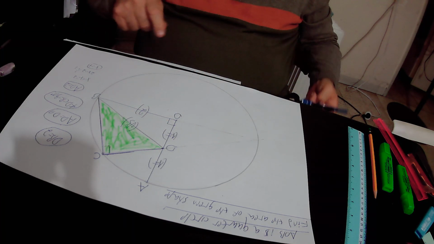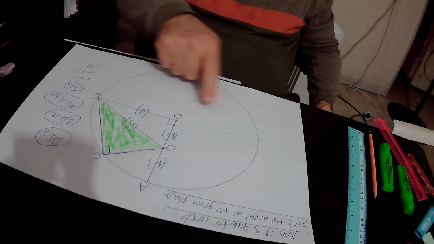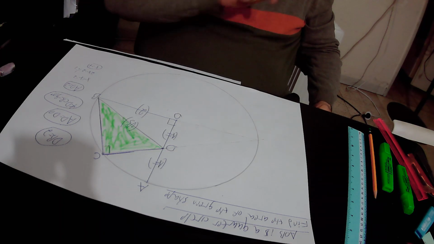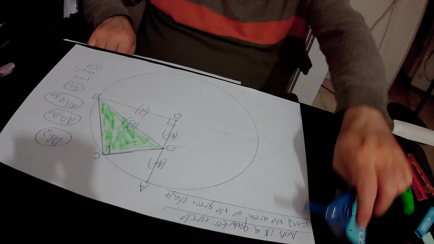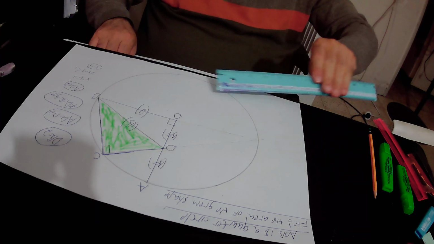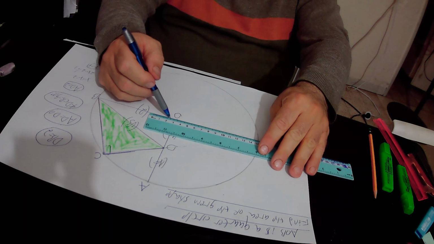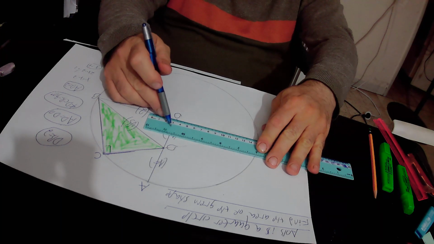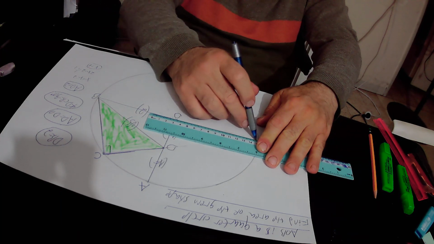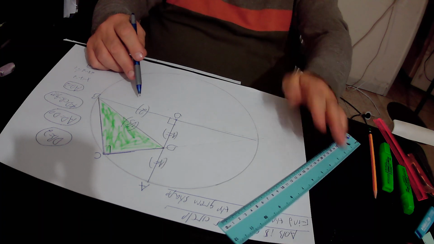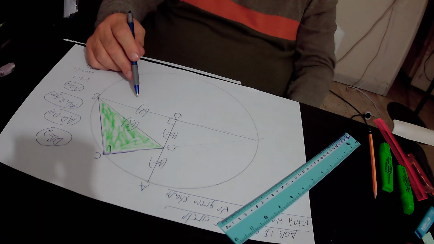Next, we'll extend the radius BO by a straight line until it touches the circle. Actually, BO is the radius of the circle, therefore it is a straight line.